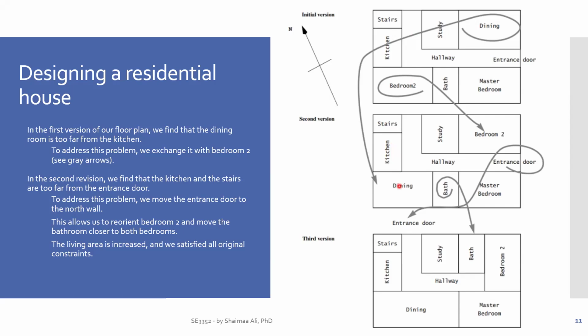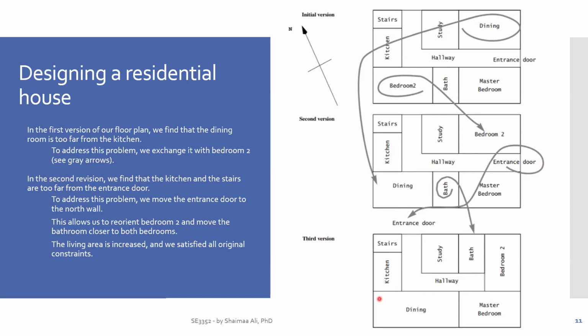Again, there was a mention that groceries need to be offloaded from the door to the kitchen, so you don't want the entrance to be so far from the kitchen. So a second review led us to this third version of the design. The third version is satisfactory so far.